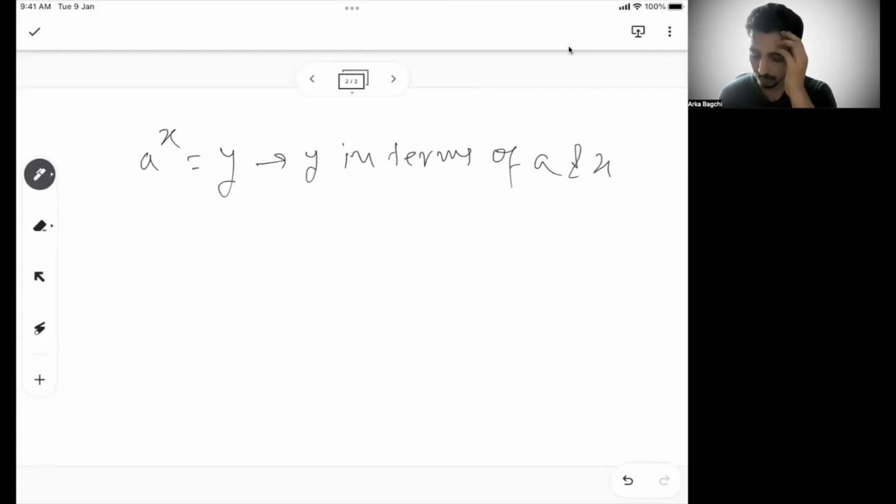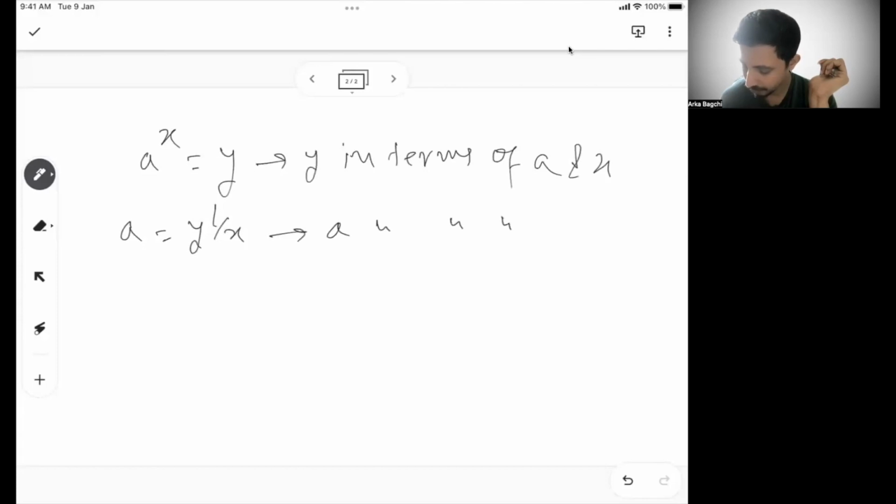Now if I have to make a the subject, I can write a equal to y to the power 1 by x. This is the basic understanding from your indices class, that if a power is there on a term, and you take it to the other side, it will become 1 by that power. So this is basically a in terms of x and y.